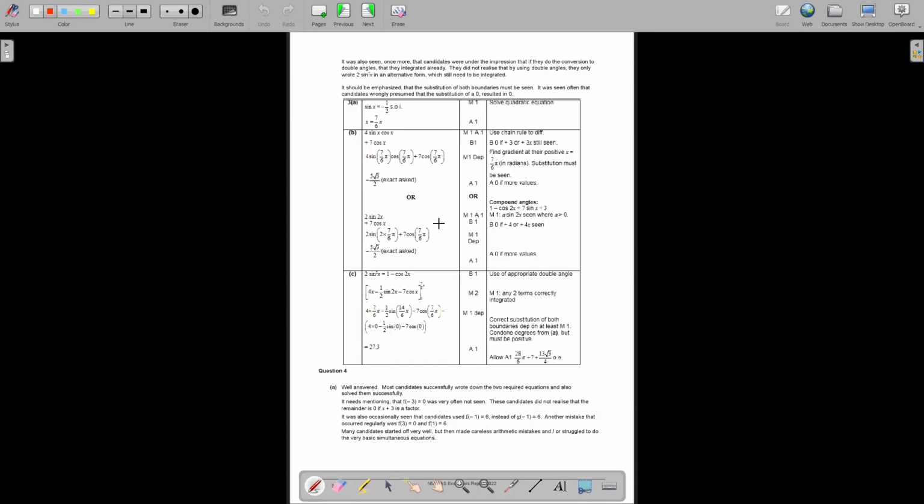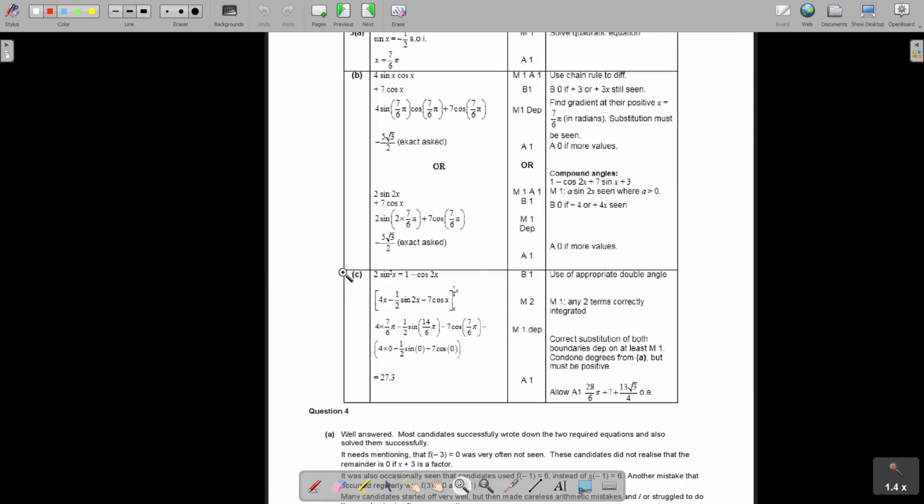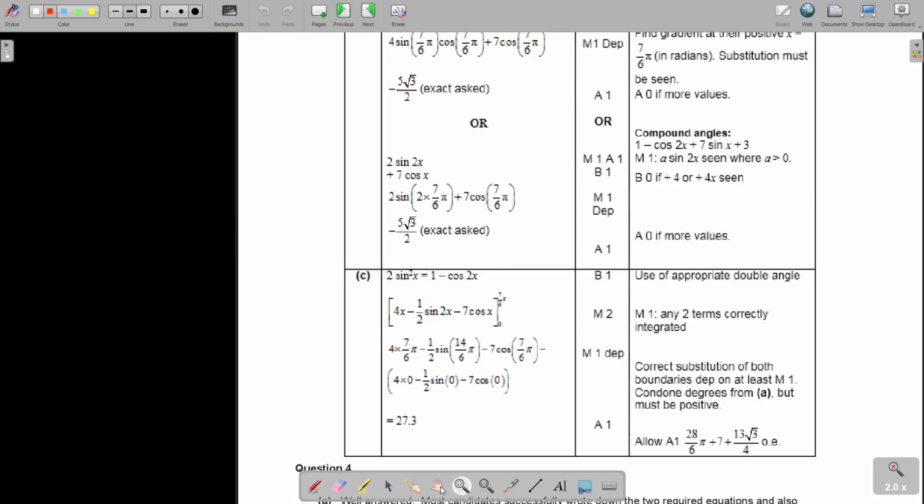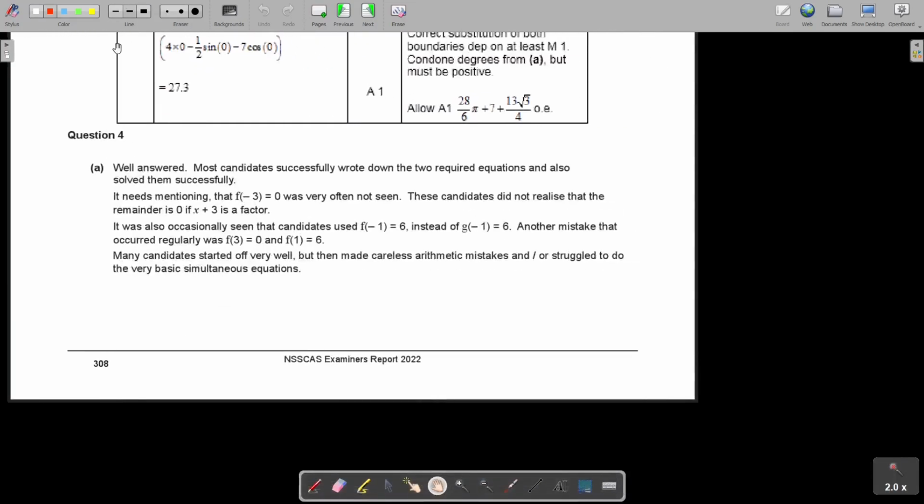So that was question 4, and I'm just going to make it bigger. Okay, well answered. Excellent. Most candidates successfully wrote down the 2 required equations and also solved them successfully. It needs mention that f(1) = 0 was very often not seen.